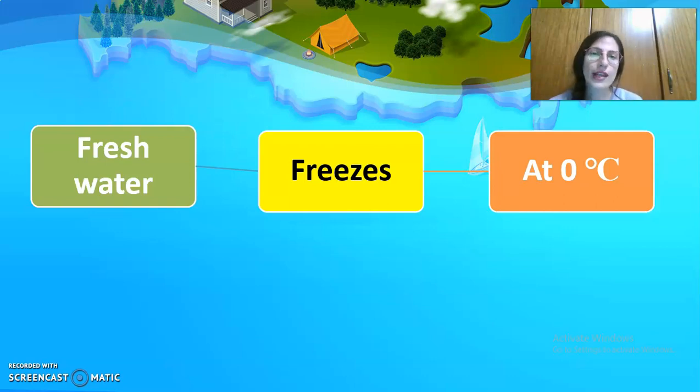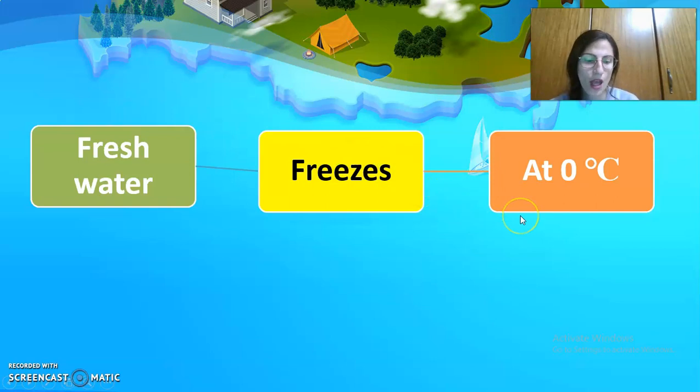Fresh water freezes at 0 degrees Celsius. So if the temperature is 0 degrees Celsius and below, then of course the fresh water will what? Will freeze. And what else? Excellent. And the lakes, ponds, and rivers that have fresh water will freeze.